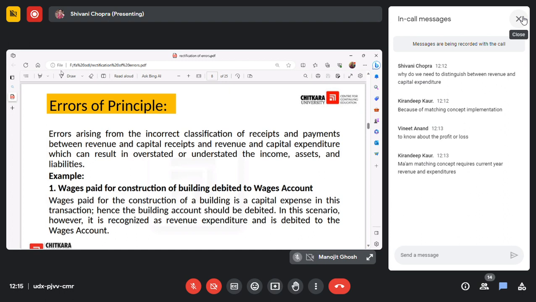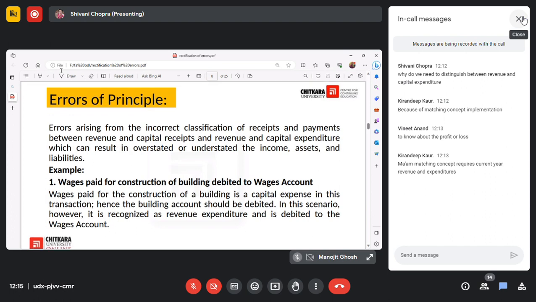Now we have reached that matching concept, and it has been debited to wages account. In this scenario, what has happened? We have recognized this as a revenue expenditure and have debited it to wages account. This will give me an answer whether this will lead to overstatement or understatement of profit.